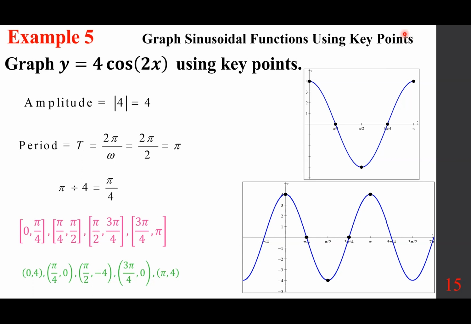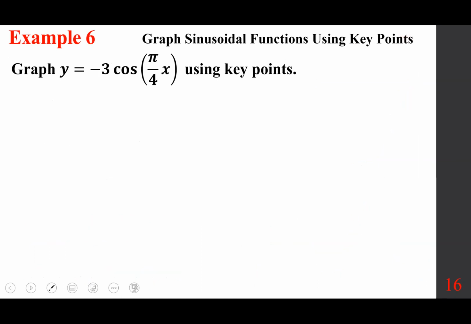Let's look at more examples to get comfortable with this concept. Y equals negative 3 cosine of pi over 4 x. First we know that general cosine looks like that, but with negative 3, the amplitude is the absolute value, which makes it positive 3.